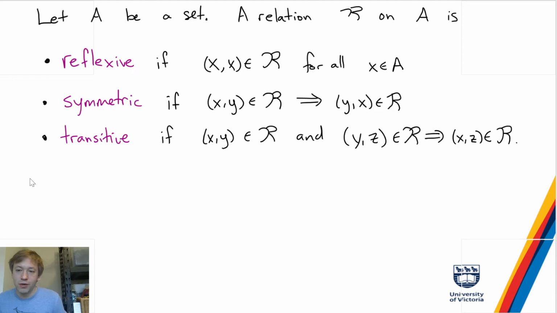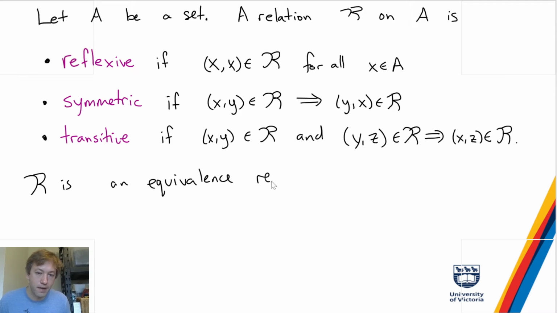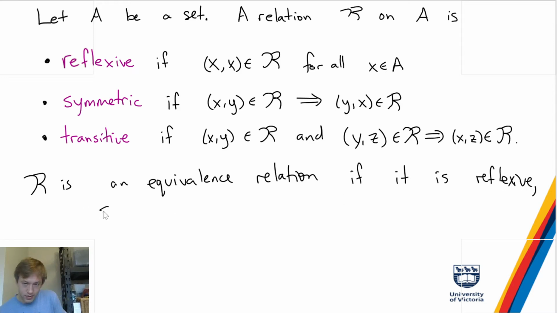And we recall that R is called an equivalence relation if it satisfies all three of these properties: reflexive, symmetric, and transitive.